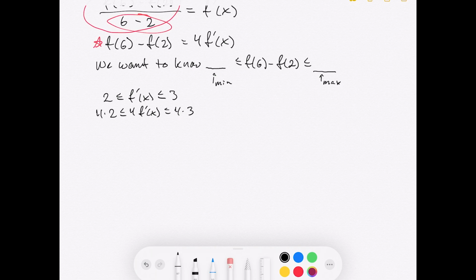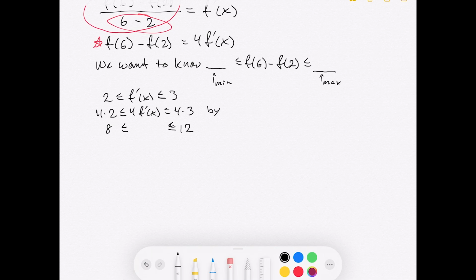4 times f prime of x. Where does he get this stuff? Why would he want that? Well, it should look familiar to you. So I'm going to be going back and using that starred statement. And in fact, we'll go one more step before we utilize it. Let's make this 8 is less than or equal to 12. Let's use it right now.